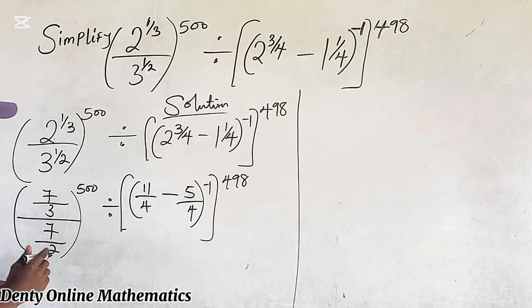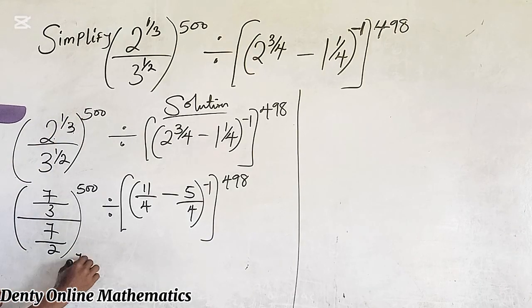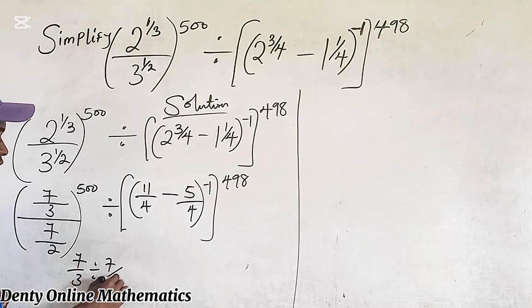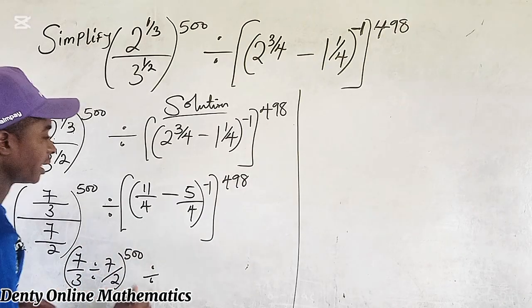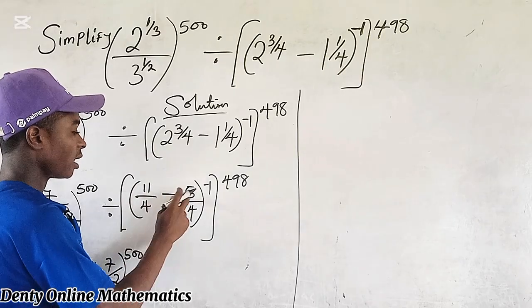Now doing this, this is the same thing as saying 7 over 3 divided by 7 over 2, all raised to the power of 500 divided by, now 11 and 5.